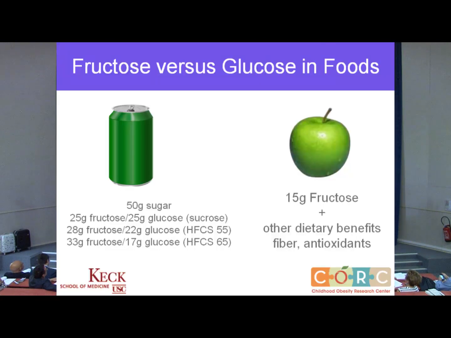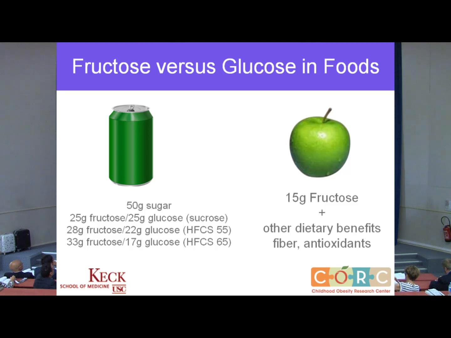So I think my time is rapidly coming up, so I'll just briefly wind up here. Some people say, well, why is that a problem? If fructose is in apples and fruits, then why is fructose a problem? There's a couple of different answers to that question. The first is there's much less of it. So an average apple may have 10 to 15 grams of fructose, but that has other dietary benefits.